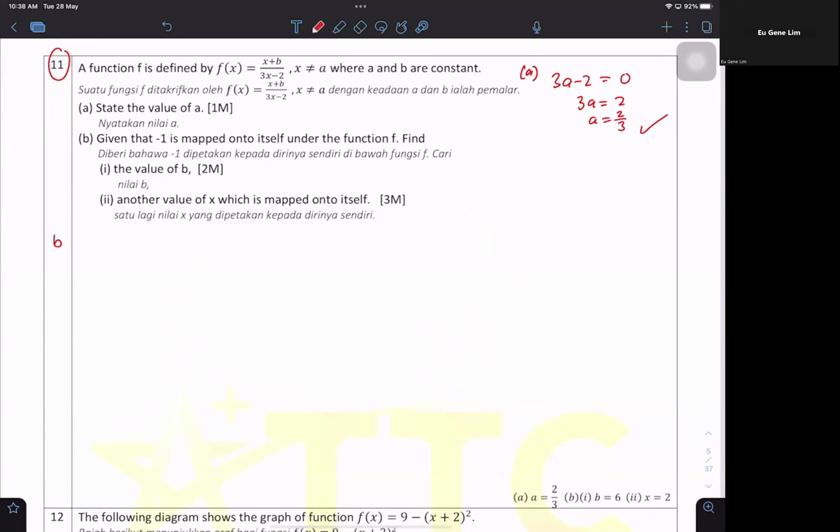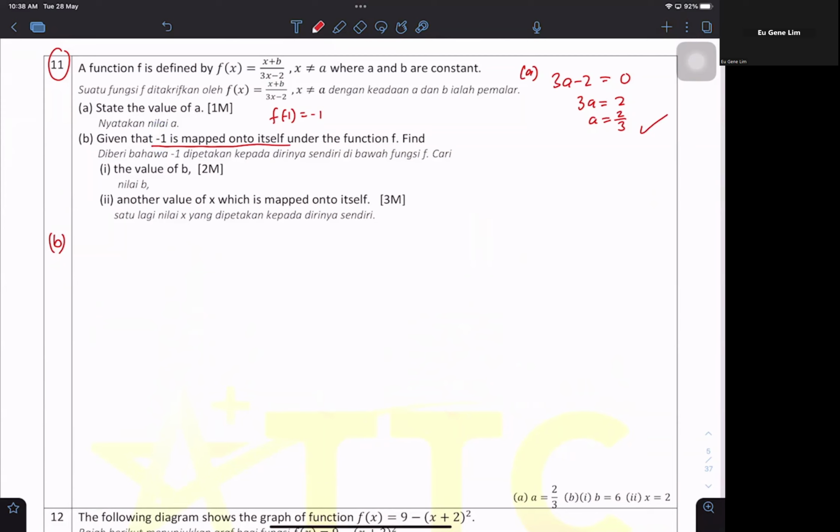Okay, continue. B. Given that -1 maps onto itself. What does this mean? Just now I said already, map onto itself is fx equal x, isn't it? But now they say -1 maps onto itself, meaning f(-1) equals -1.